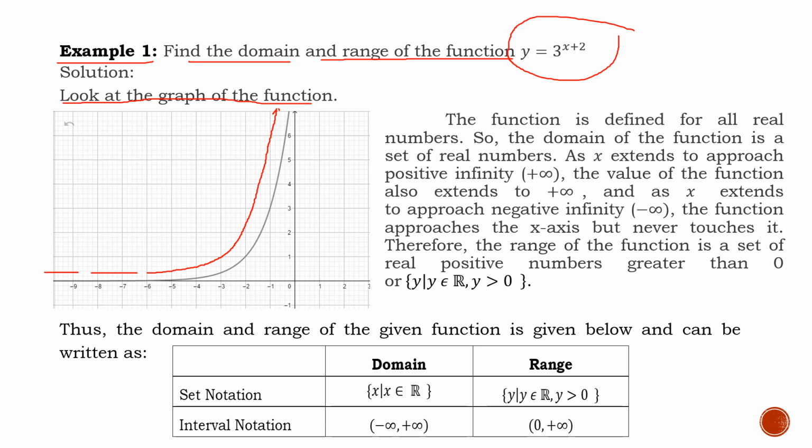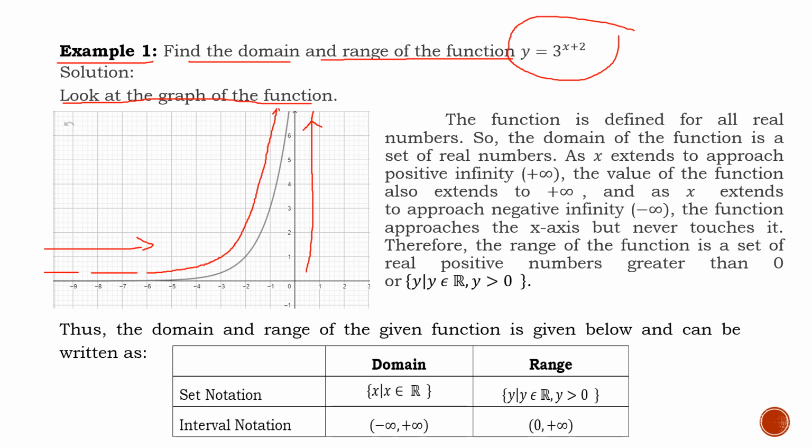Because if x increases from negative values going to a smaller negative value, then your y also increases, as you can see based from the graph. So the function is defined for all real numbers.